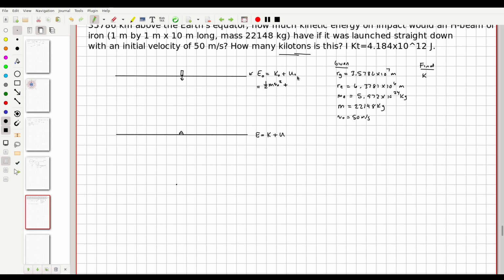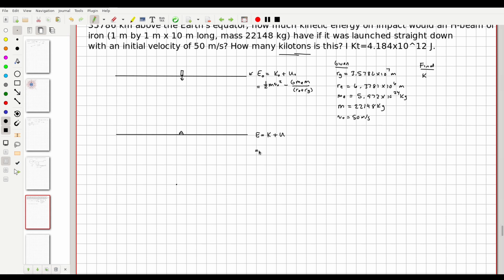Our potential energy, though, is negative, remember? And it's going to look like G, the mass of the Earth, the mass of the girder, divided by the radius of the Earth plus how high above the ground it is. That's the total distance from the center that it sits.